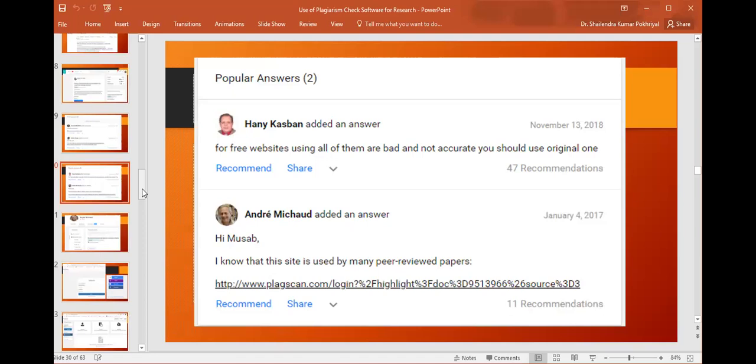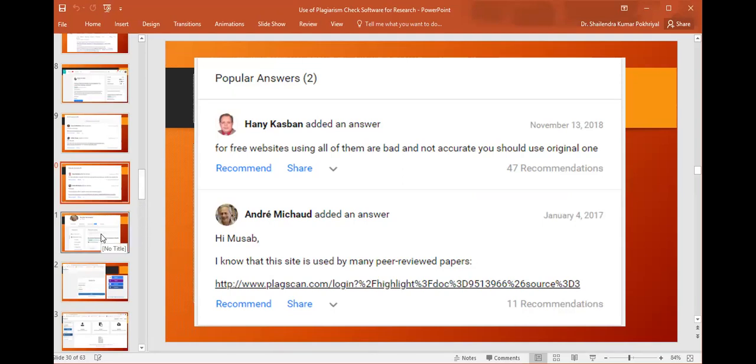Finally, I wanted to search for any open source software, and I came to know of one researcher from ResearchGate, Andre Macaud. He has published many papers, and his research profile is very good. He suggested that Plagscan is one of the important software which you can use.